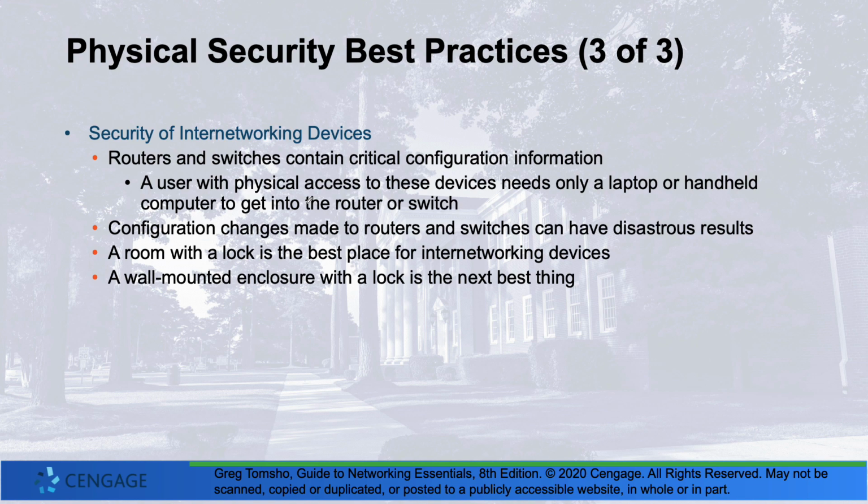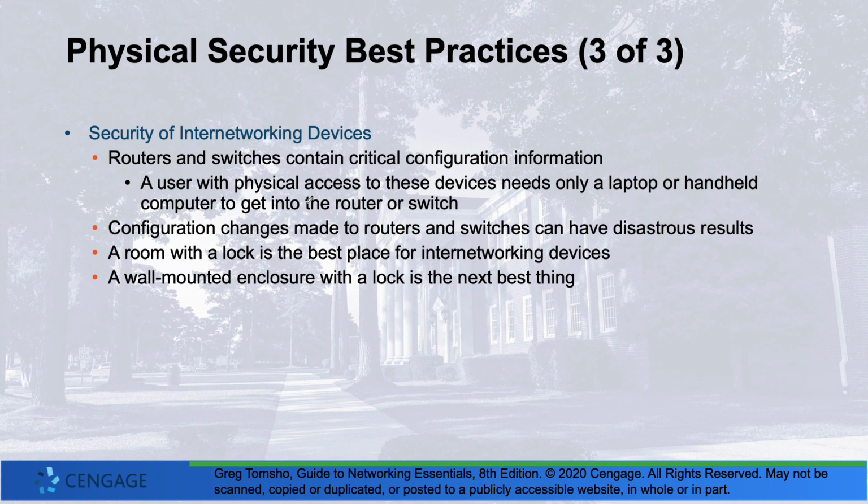Also, in terms of availability, changes that are made to the routers and the configurations can have disastrous results, meaning that they can take your entire network down and you'll spend hours and hours and hours trying to figure out what caused the outage.